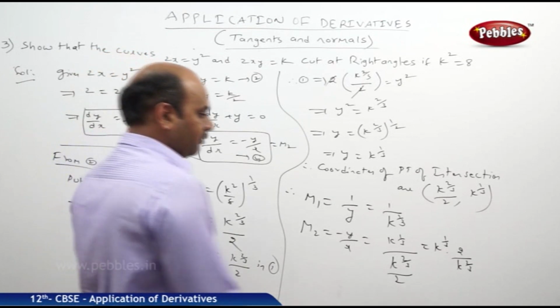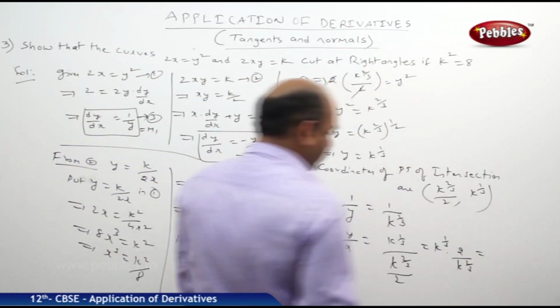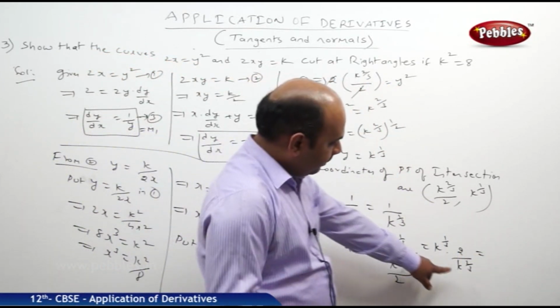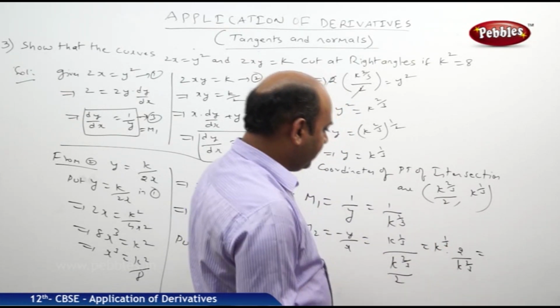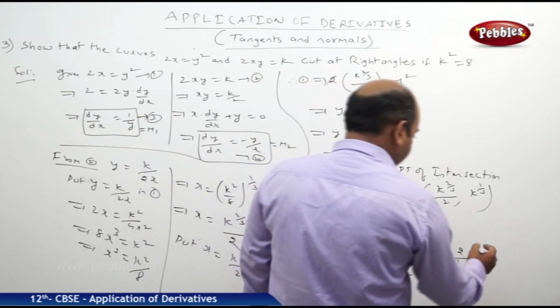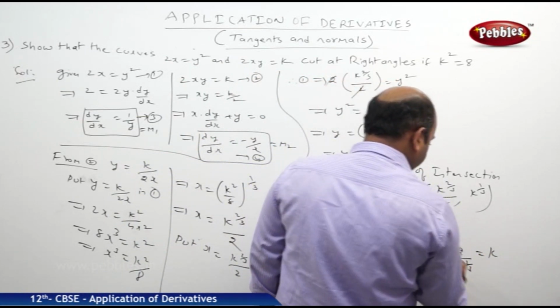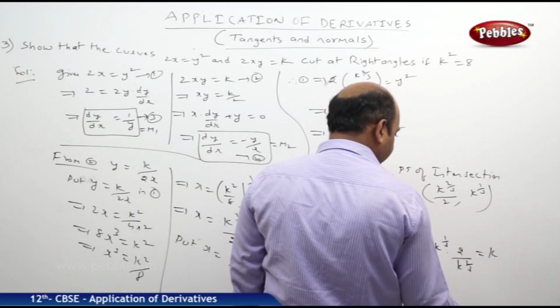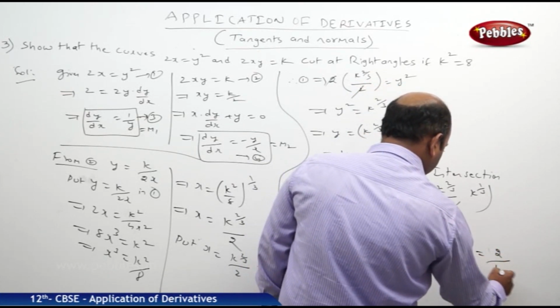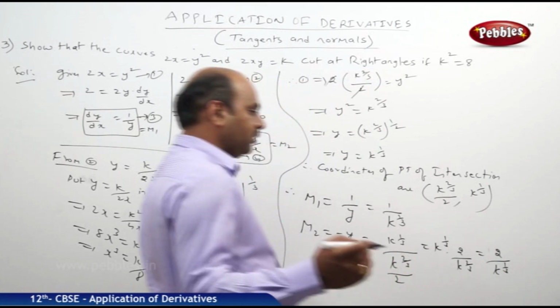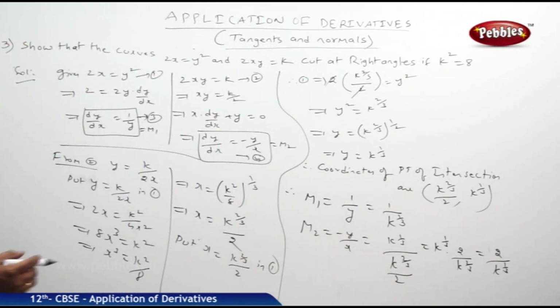So, finally, what happens? k power 2 by 3 going up means k power 1 by 3 minus k power 2 by 3. So, k power 1 by 3 minus k power 2 by 3 means k power minus 1 by 3. So, this also finally gives rise to 2 upon k power 1 by 3.